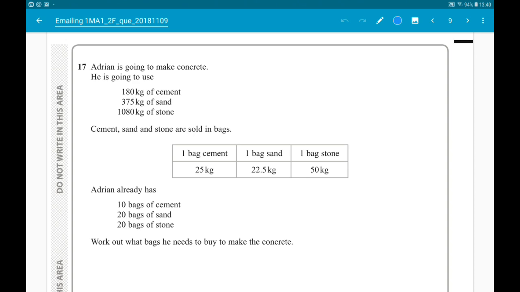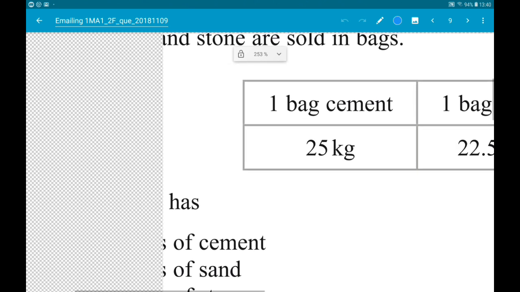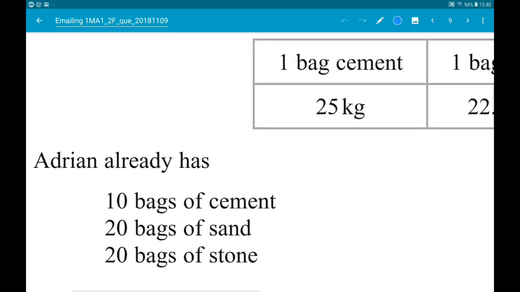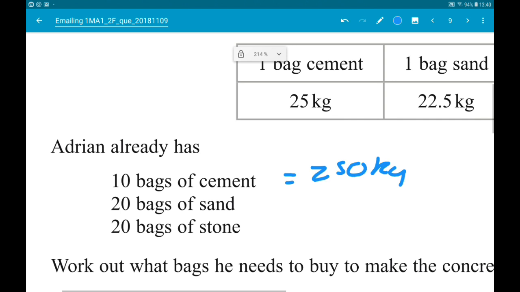Okay, so he has then 10 bags of cement. So 10 bags of cement is going to be 250 kilograms. So he needs 180 kilograms, so he has enough.